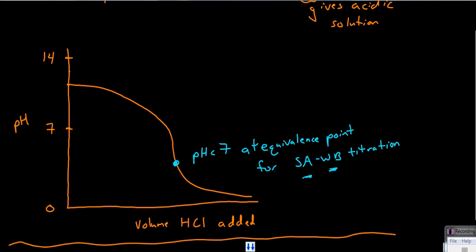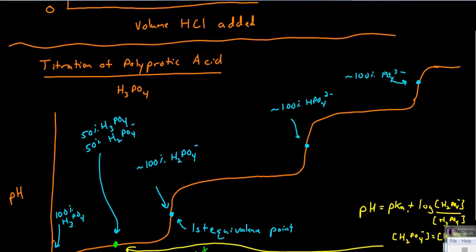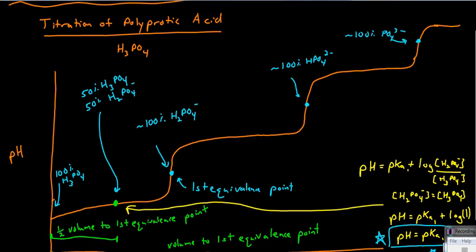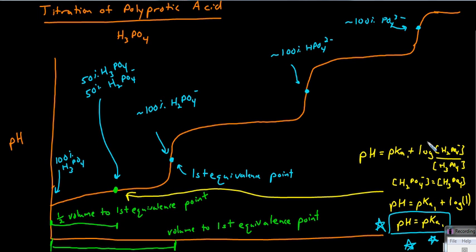Okay, so in another case, what does the titration of a polyprotic acid look like? All right, so we do a lot of labs related to this. When you have a polyprotic acid, such as phosphoric acid, something that can release 2 or more protons, you will have multiple equivalence points, multiple inflection points during the titration.